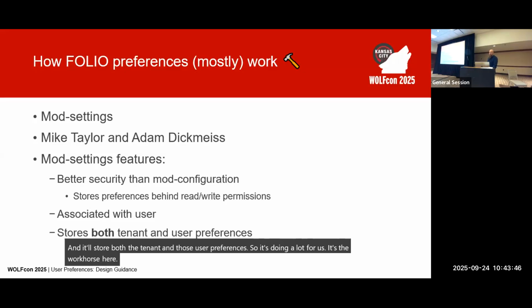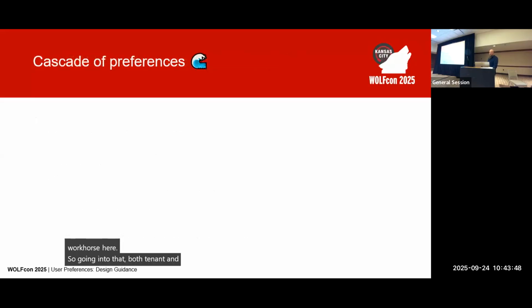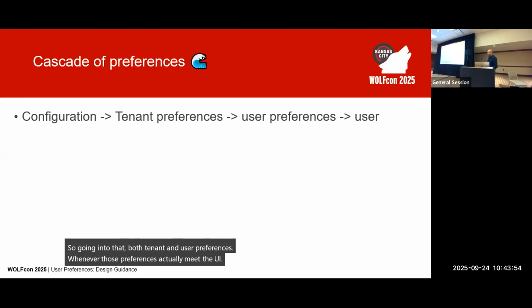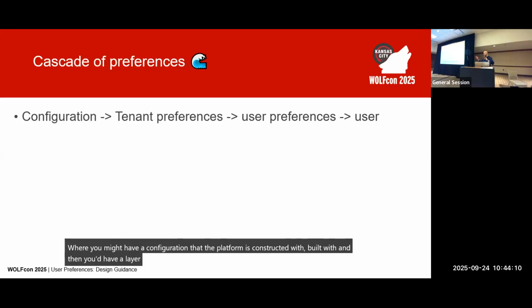So going into that, both tenant and user preferences, whenever those preferences actually meet the UI, we have something that I just call the cascade of preferences, where you might have a configuration that the platform is constructed with, built with, and then you'd have a layer of tenant preferences that can override that, or usually it cascades to the tenant preferences.